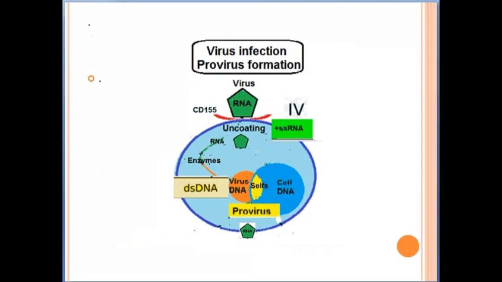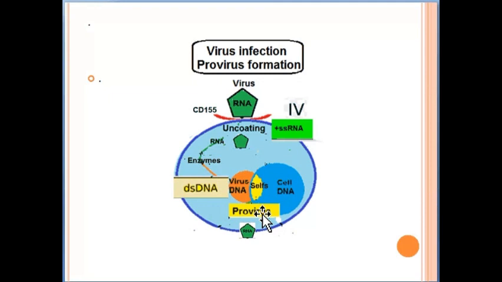Here's another description of this process, and we have the RNA virus, which attaches to a receptor. After attachment, it is uncoated, and the genome of the virus is manipulated by processes until a DNA copy of this genome is formed, and this DNA copy fuses with the cell DNA, and a provirus is formed.